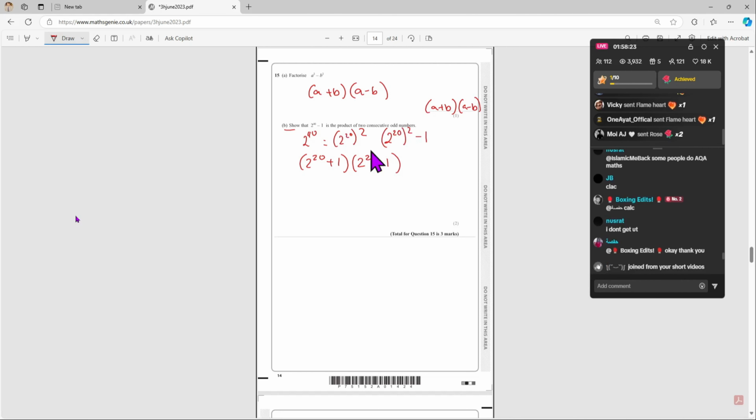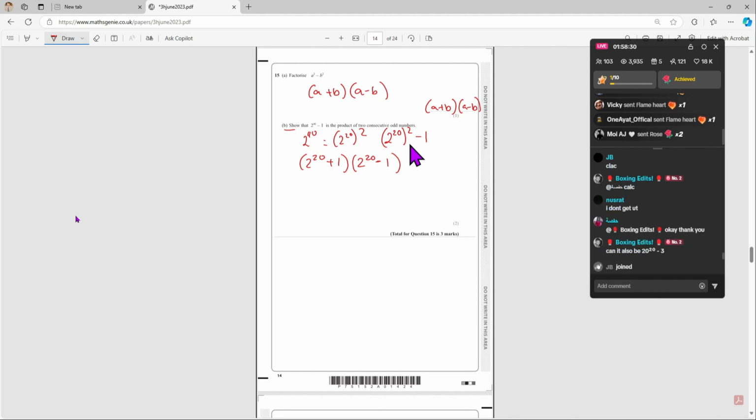This is a difference of two squares because we have a square here and a minus 1. So then we can write it like this. How do you know it's odd? We're about to get there, guys.